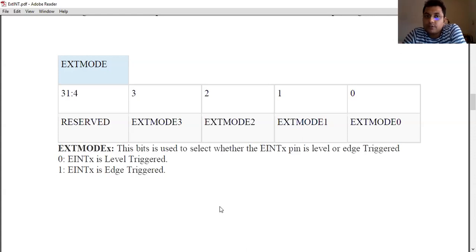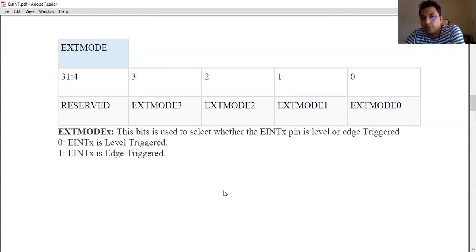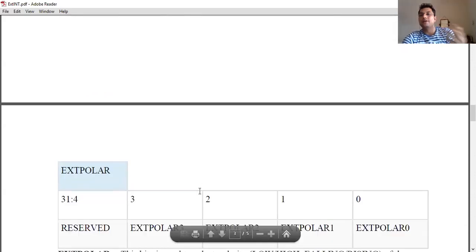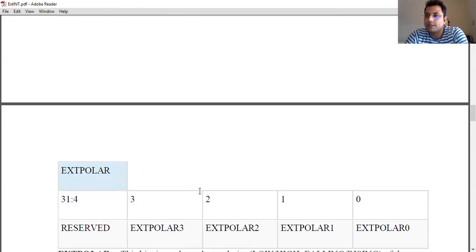So for that purpose, there is one polarity register, and that register would always be read in accordance with the external mode register, because if you understand the external polarity register in isolation, it has no meaning attached to it.